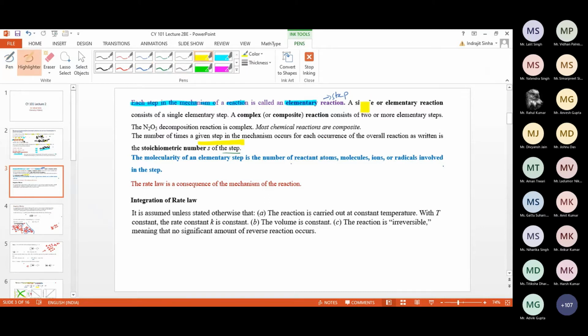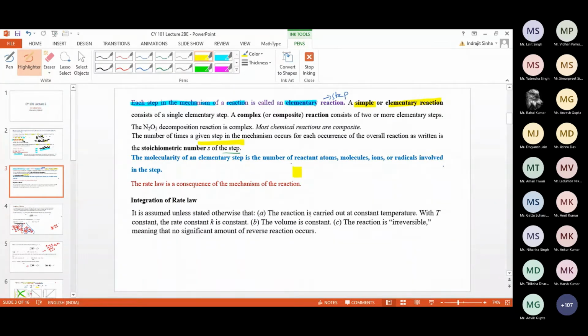Then, but you can also have an elementary reaction. What does that mean? It means that the reaction has only one step, and therefore that simple elementary step is that elementary reaction itself.